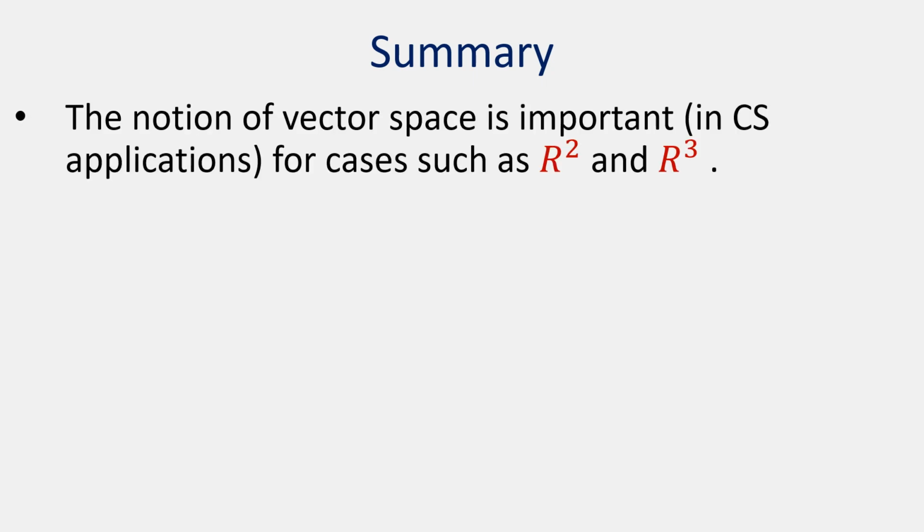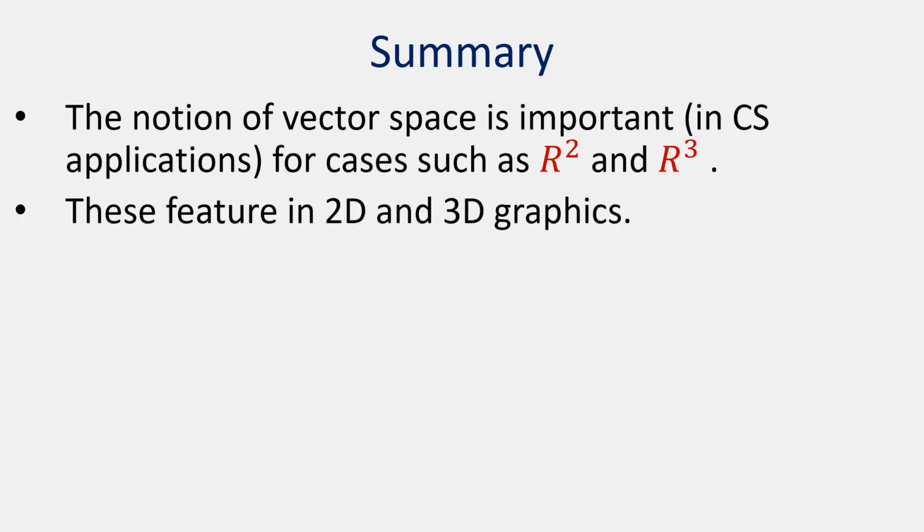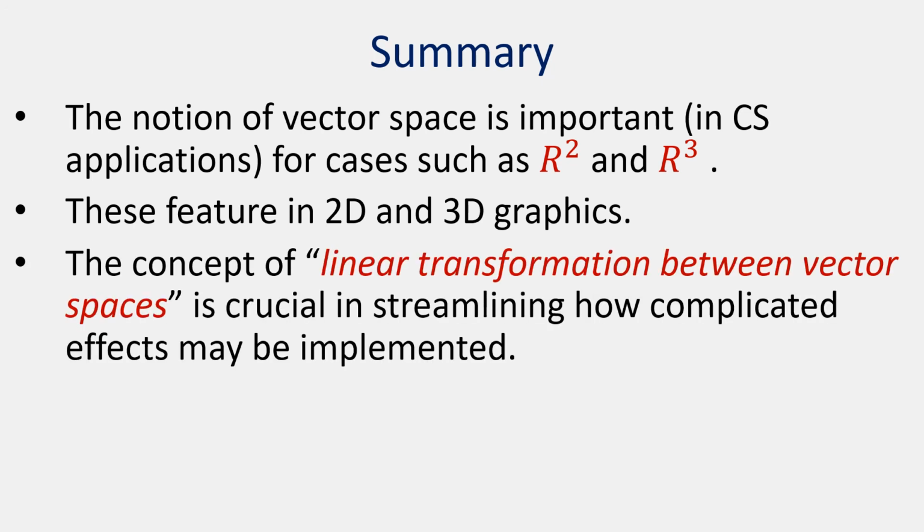So just to summarize, this notion of vector space is extremely important in computer science examples, particularly in special cases such as the real numbers in 2 and 3 dimensions. It features significantly in 2-dimensional and 3-dimensional graphics.